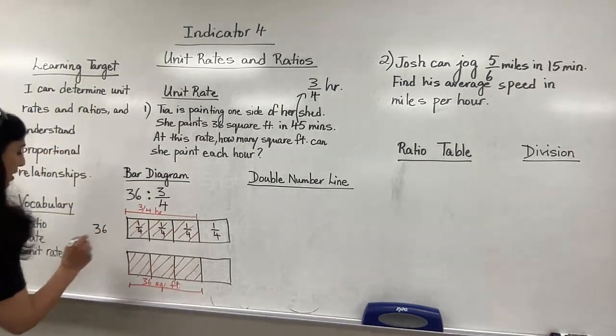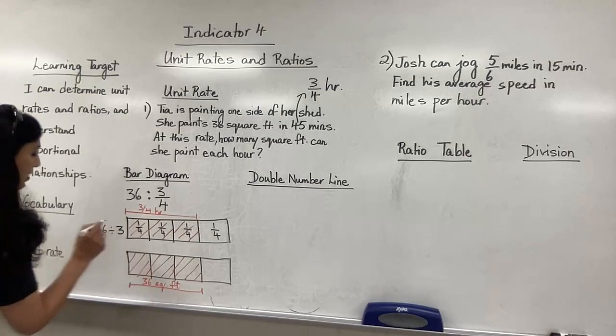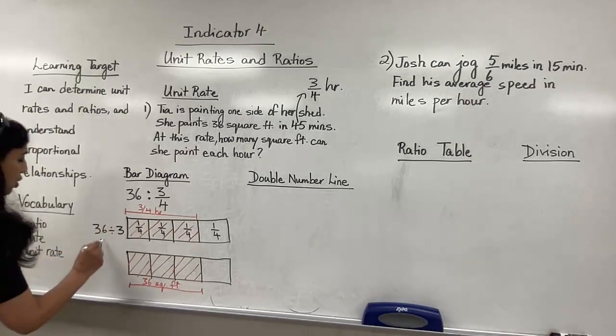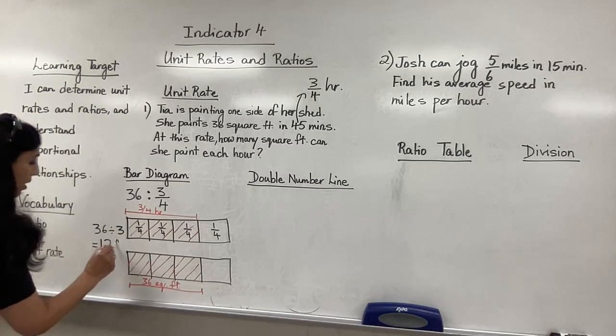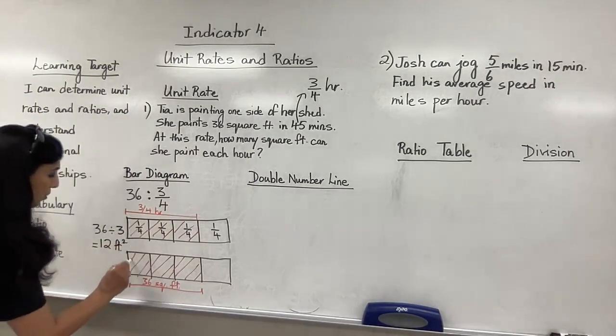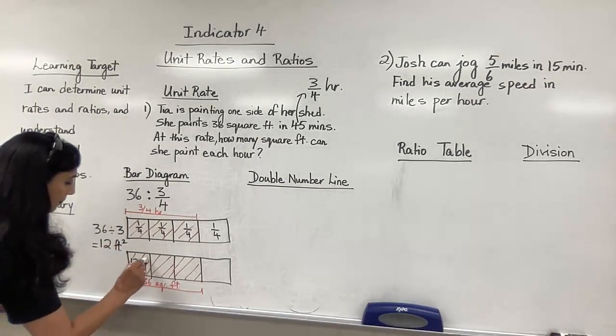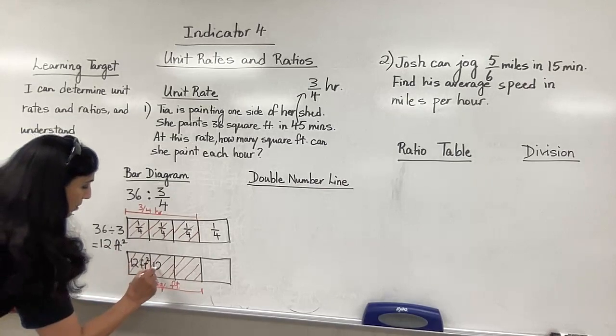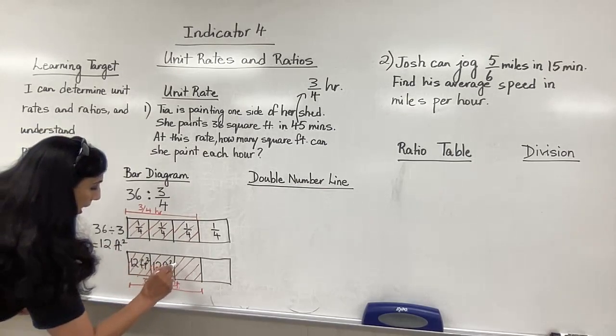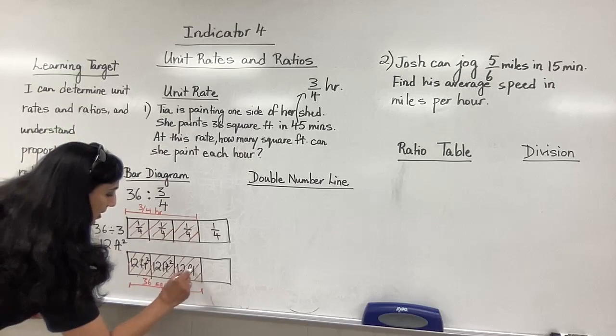So 36 divided by these 3 sections, and I'm going to get each part is how much? 12 square feet, right? So this is 12 square feet. This is 12 square feet. And this is 12 square feet.